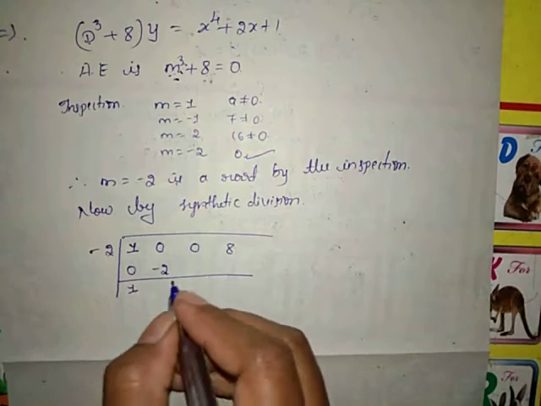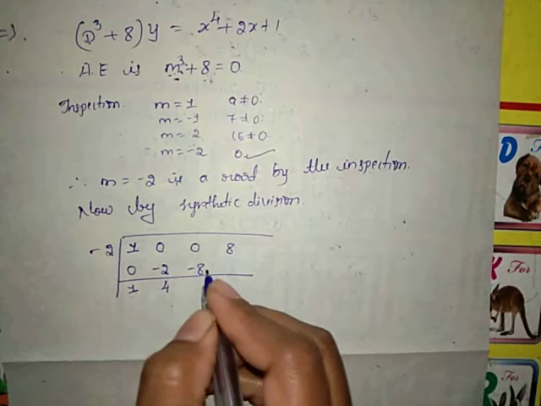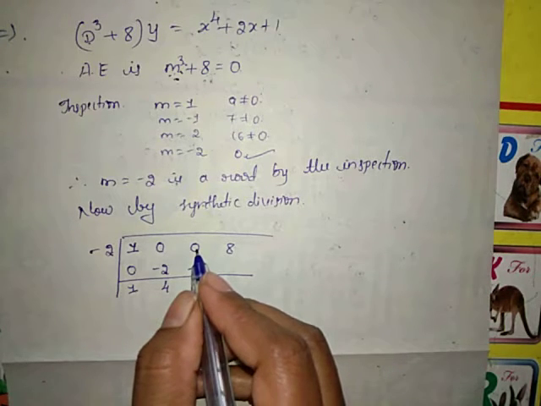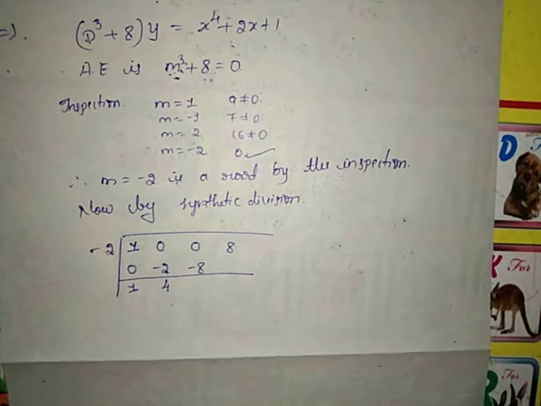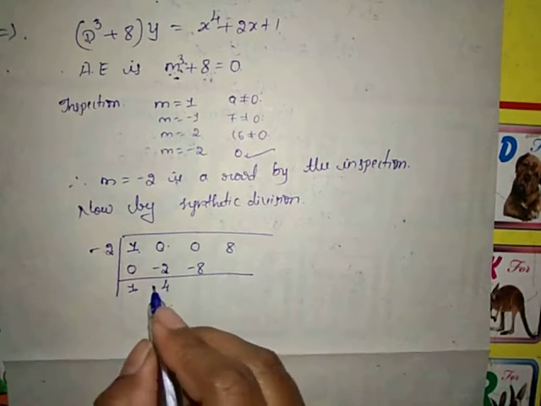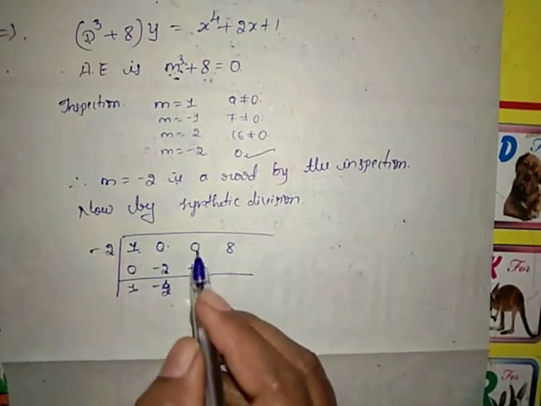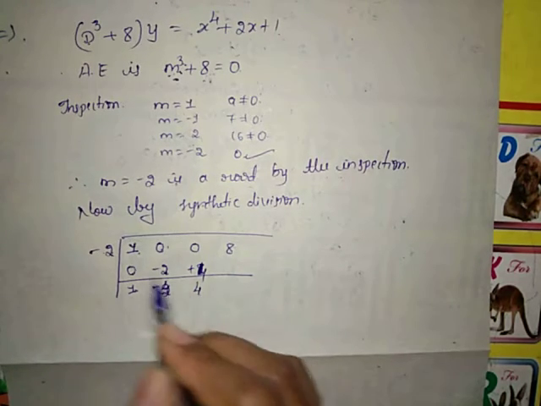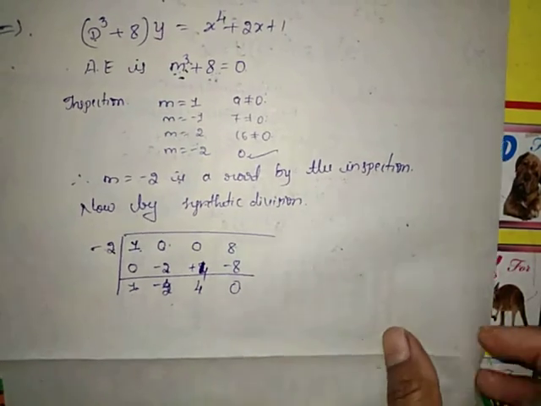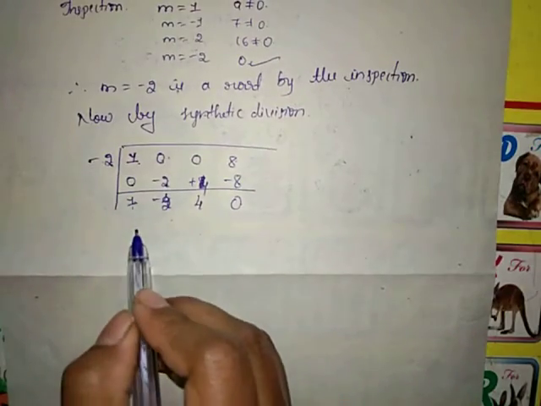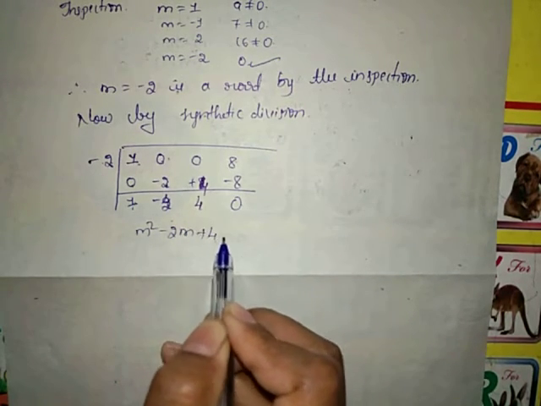Minus 2 into minus 2 is plus 4, 0 plus 4 is 4. 4 into minus 2 is minus 8, plus 8 minus 8 is 0. The coefficient of m square, coefficient of m, plus constant equal to 0.